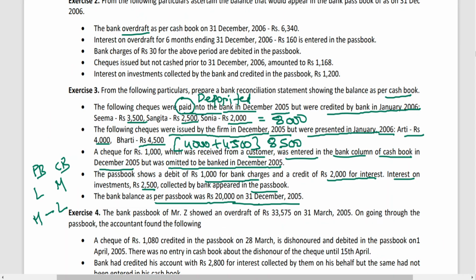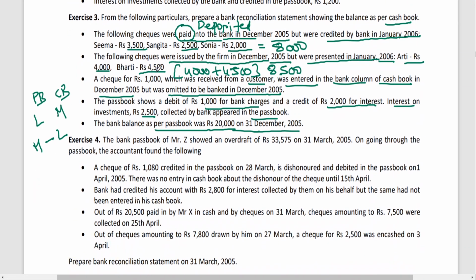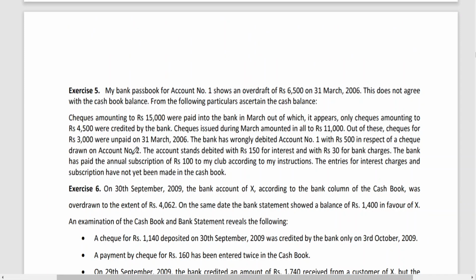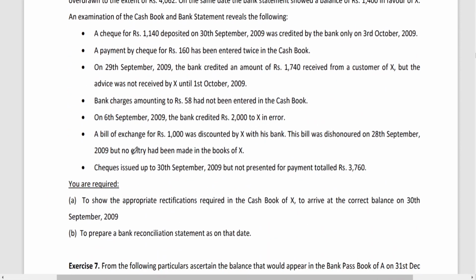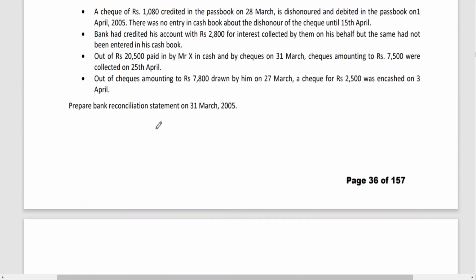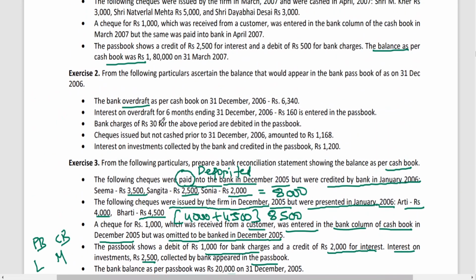Now we'll see one more problem. The second problem. From the following particulars, ascertain the balance that would appear in the bank passbook as on 2006.